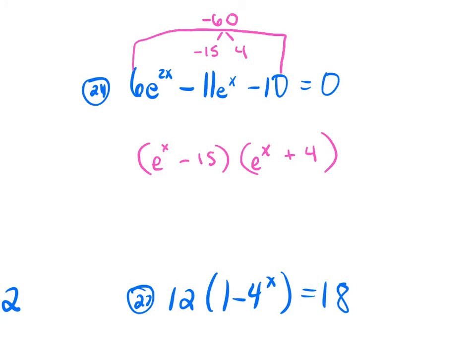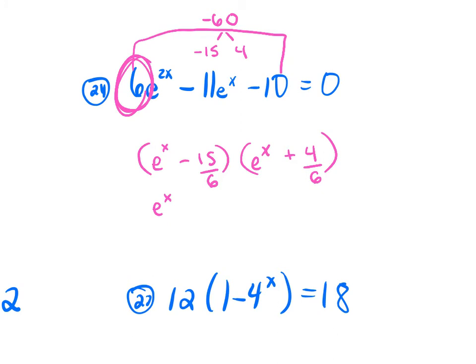What do we do next? You have to set it equal to 0, both equations. We can't forget we started with a number that was not 1, so we just divide both of these by 6 and simplify. So e to the x is equal to, here 3 goes into both of these.